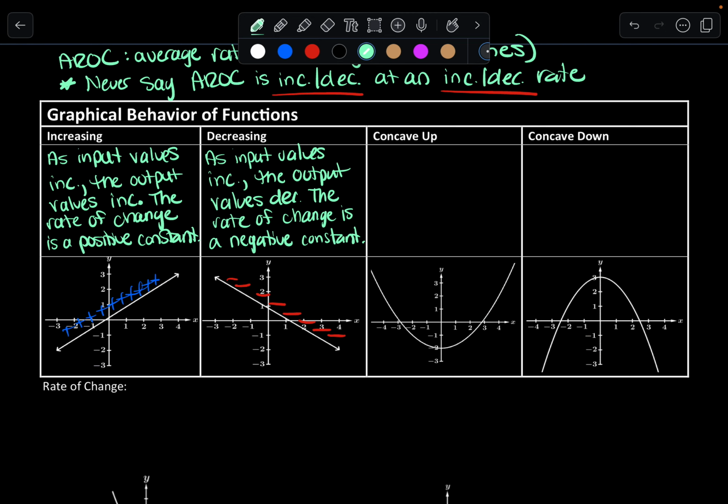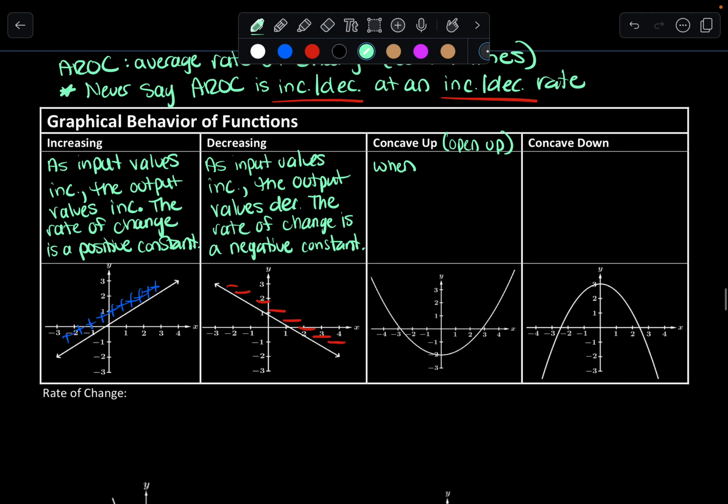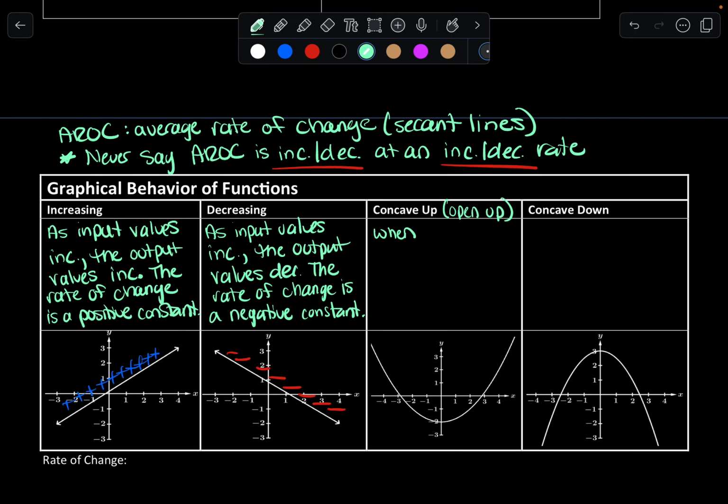All right, for concave up, this is when a parabola is opening up. It doesn't always have to be a parabola, but in the picture below, it looks like a parabola. Okay, so I misspoke before.